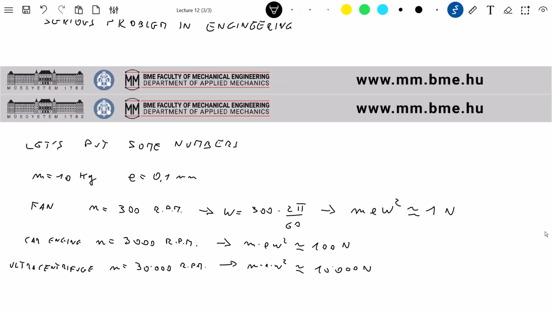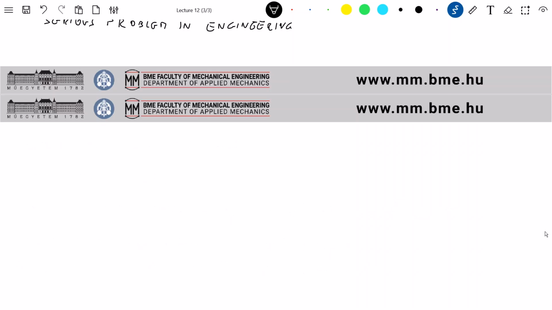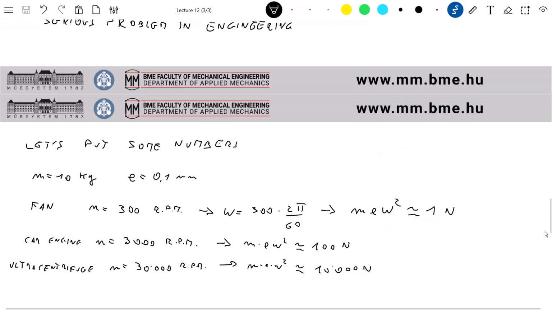So if you increase the angular velocity, you can get a very high force generated by this very small eccentricity. If you have an ultracentrifuge, you can understand how important it is to have no eccentricity. Even the smallest eccentricity can cause a big problem.